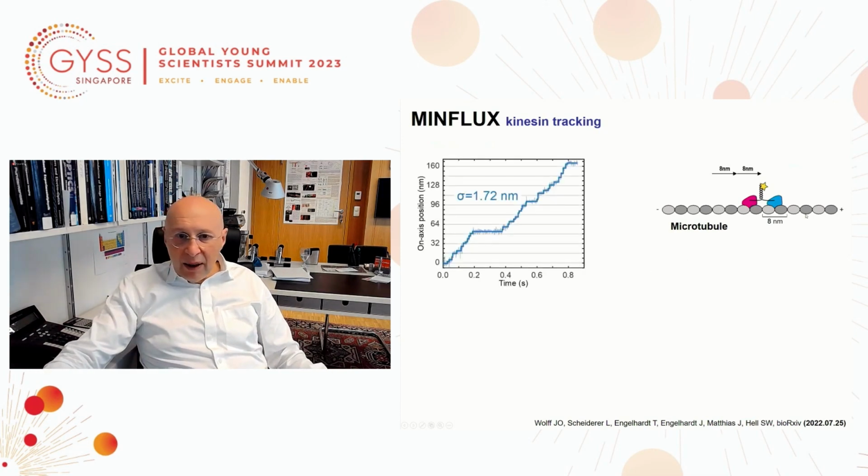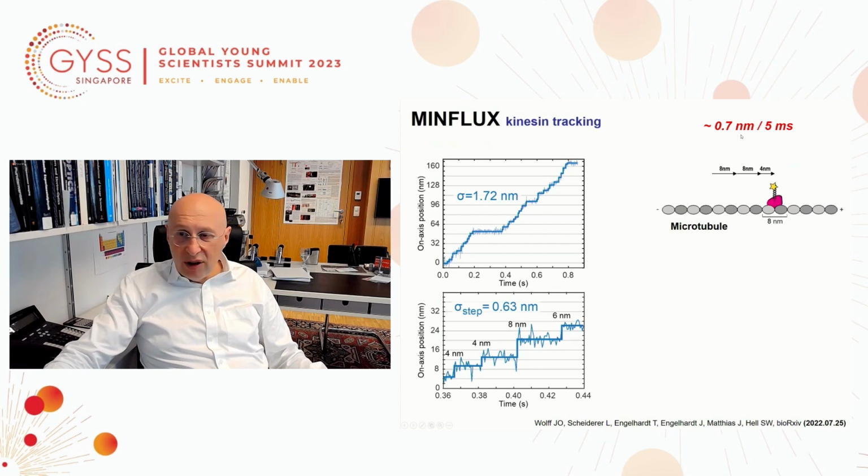As a matter of fact, our precision is so good that we could not only measure these steps, so this is just a measurement of the position of this fluorescent molecule on the stalk of this kinesin, but we could also measure substeps, because we have a precision of below 1 nanometer attained within 5 milliseconds.